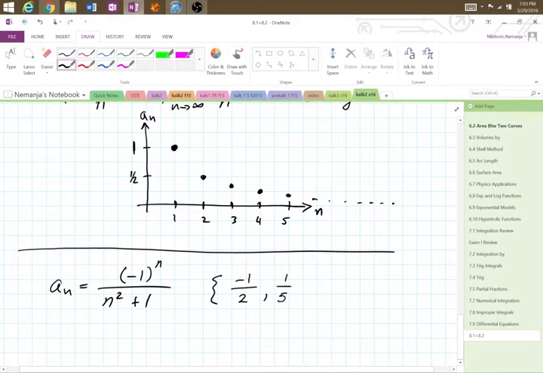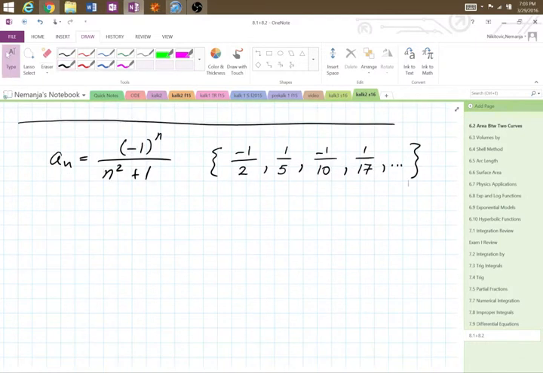Very good. 2 squared is 4 plus 1 is 5, and (-1)^2 is +1. How about the next term? -1 over 10. Very good. Next one? 1 over 17. Now I hope you are picking up that the sign goes negative, positive, negative, positive, negative, positive. It's going to do that forever because even and odd numbers always alternate.